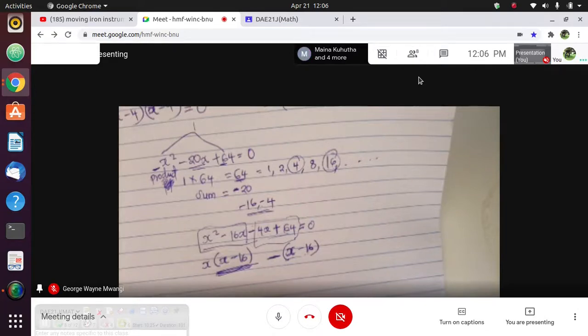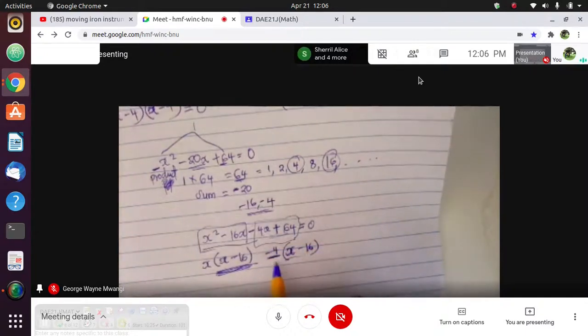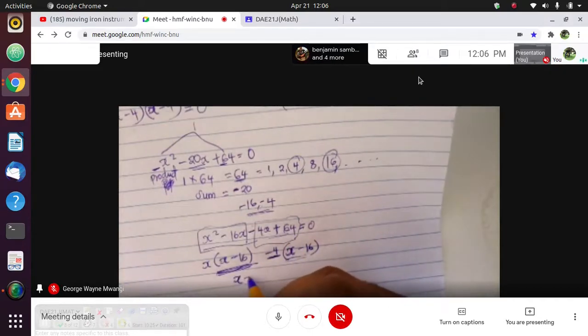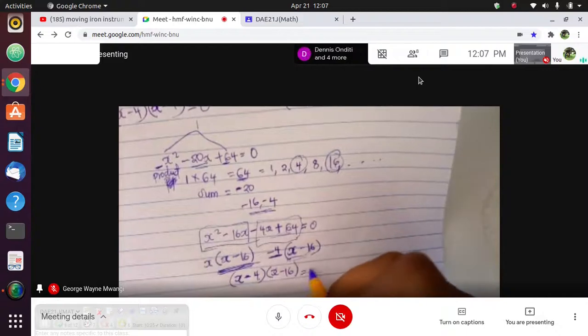Minus 4. Are we together? When you take minus 4 and multiply by x minus 16, you'll get minus 4x plus 64. Therefore, our quadratic expression when factorized will be x minus 4, x minus 16 is equal to 0.